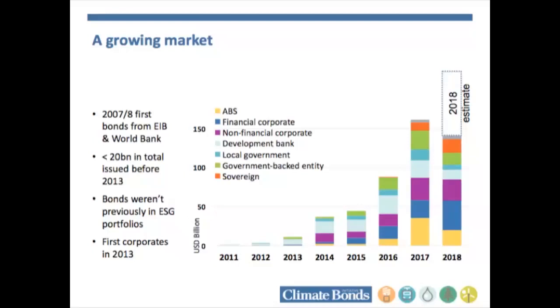In 2016 and growing in 2017 and 18, we had the first sovereigns coming to market, and now they take up a small chunk, but they are quite present in the market now. Current issuance is standing at about just a bit over 130 billion. Last year we had just over 150 billion issued, and we're expecting to exceed last year's issuance by the end of this year.